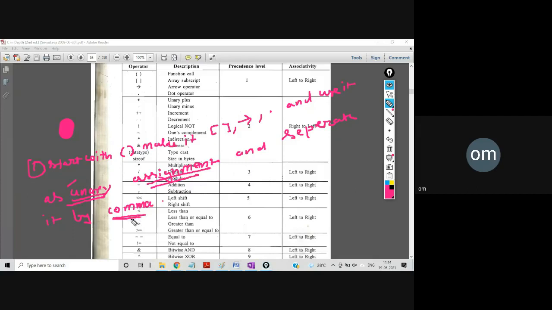I'm underlining comma. Okay. Start with round bracket, make it square, arrow, dot, and use it as unary assignment and separate it by comma.